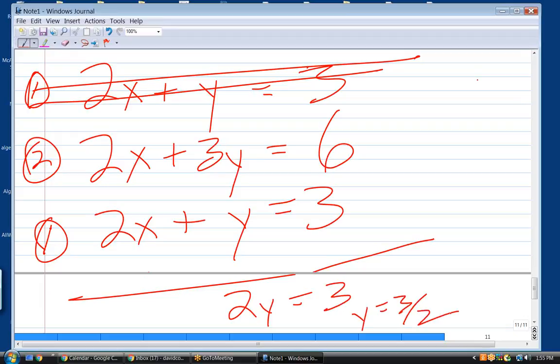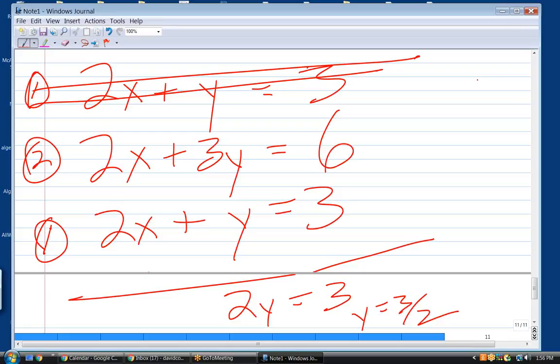I get the same answer, but there are no negative signs. The first time, I had a y minus a 3y, and that's an opportunity to make a mistake, but if you have 3y minus y, you're not going to make a mistake on that nearly as often. So when you have a choice of dealing with positive or negative numbers, and one has all positives and the other has all negatives, try to go with the way that uses positive numbers.